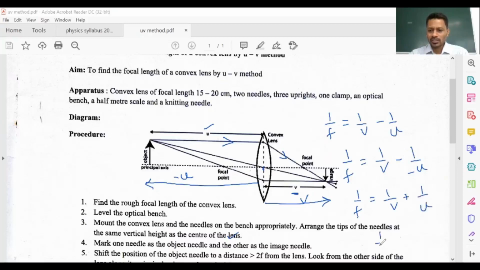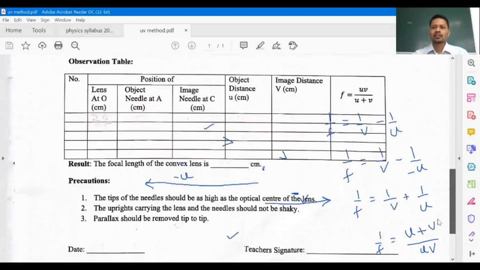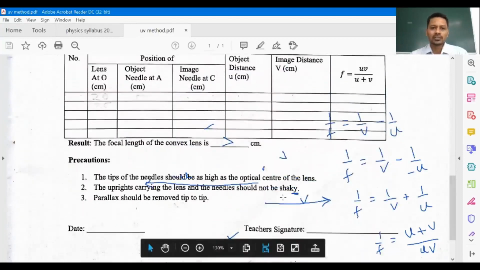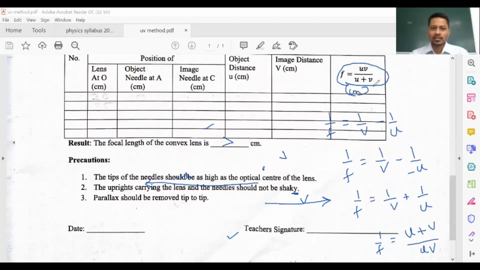I simplify this further, I get 1 by f equals u plus v upon uv. And when I find the reciprocal of this, I get this particular equation. Can you see this? And the unit used is centimeter.